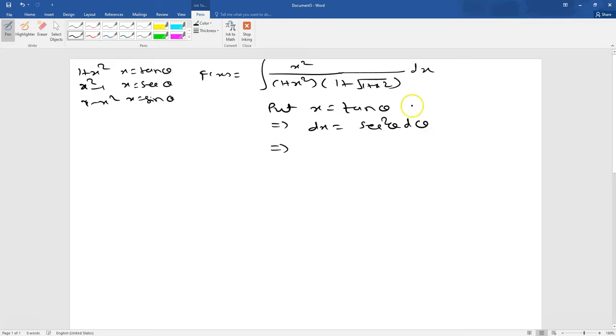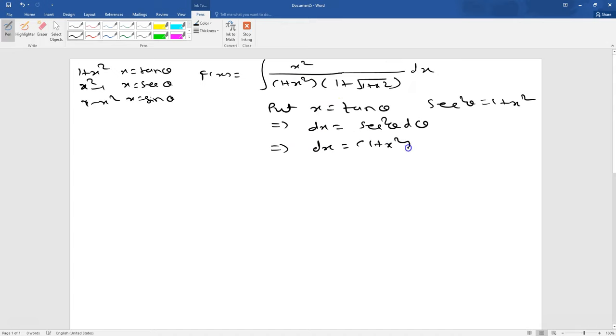Now, if x is equal to tan theta, sec square theta will be 1 plus x square, right? So that means dx is going to be 1 plus x square d theta. Let's put these values here now.